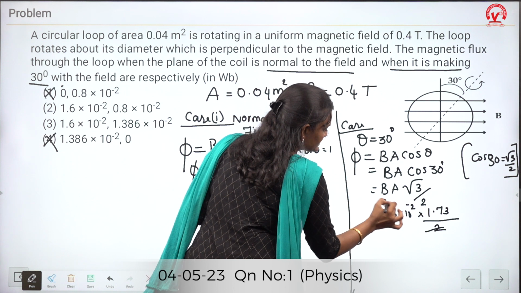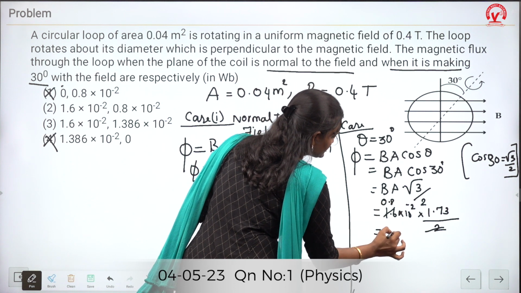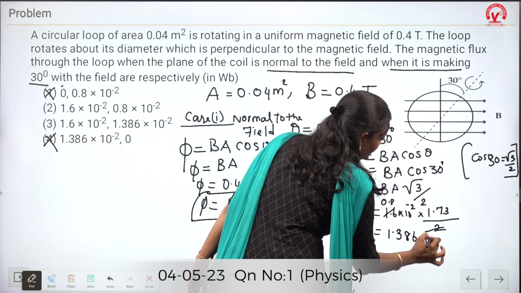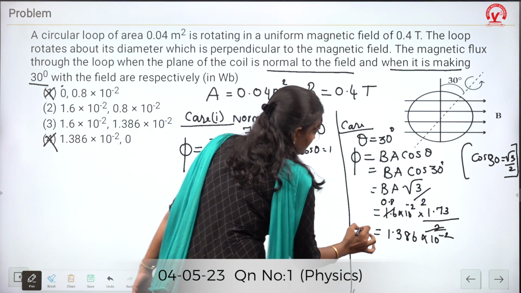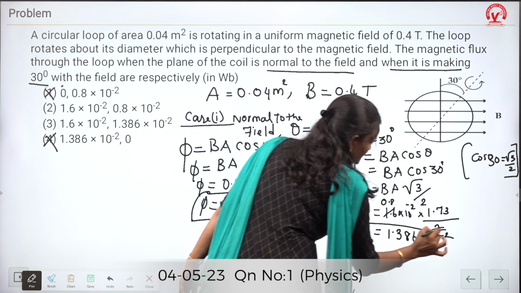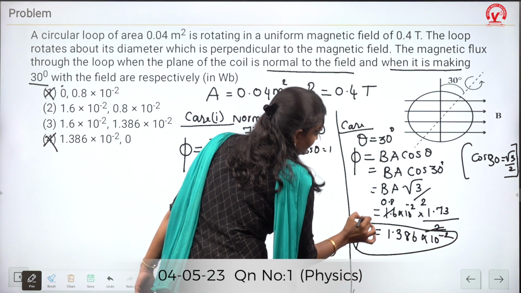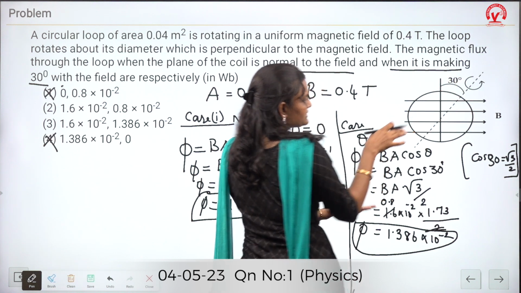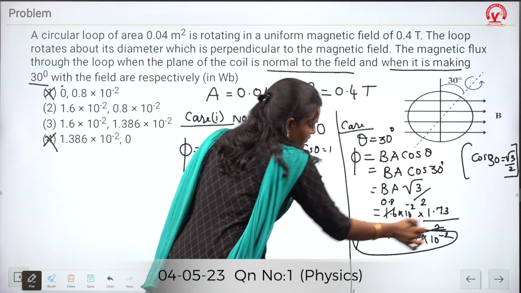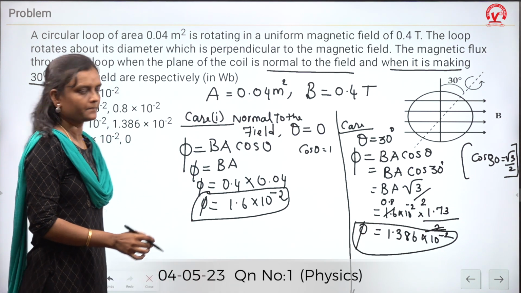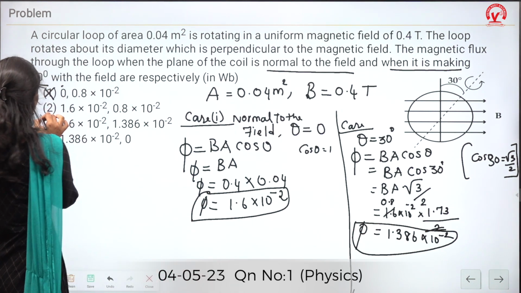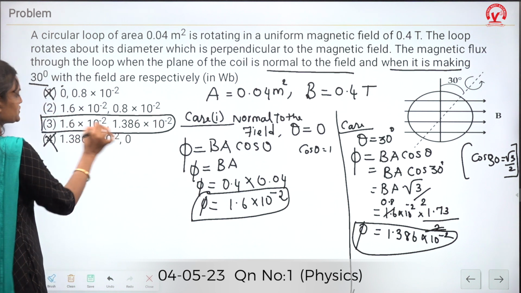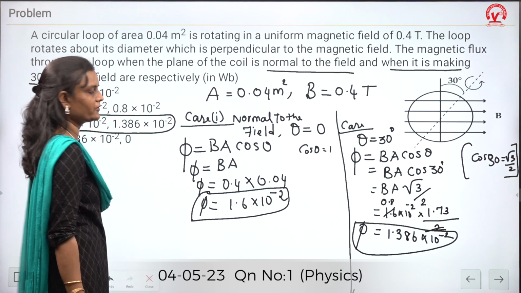And this gets cancelled. If you multiply this, you will get the answer 1.386 into 10 power minus 2. So when the plane makes an angle of 30 degrees, this much amount of flux is passing. So the option is number 3: 1.6 into 10 power minus 2 and 1.386 into 10 power minus 2.